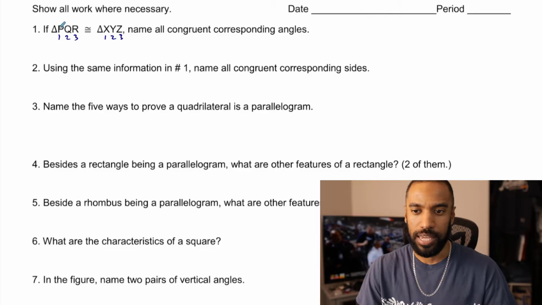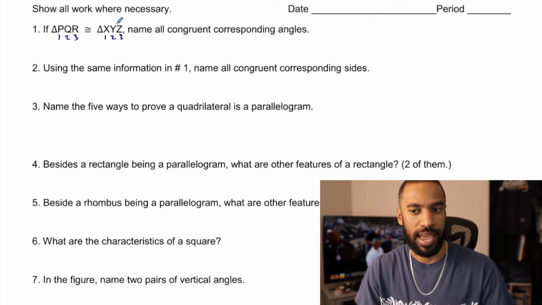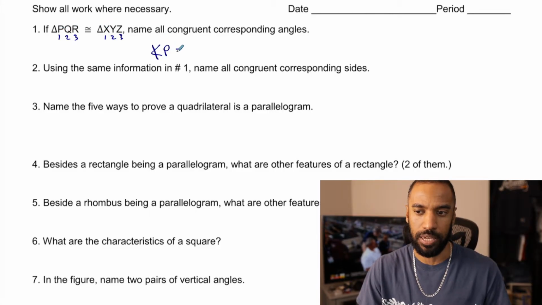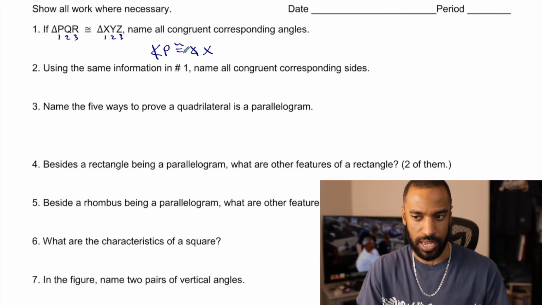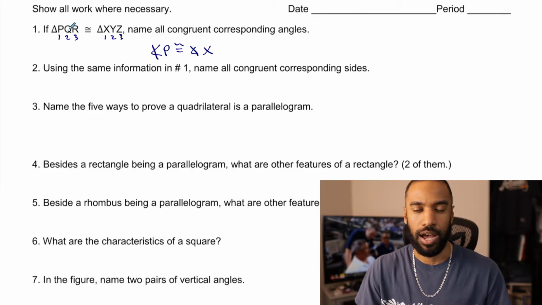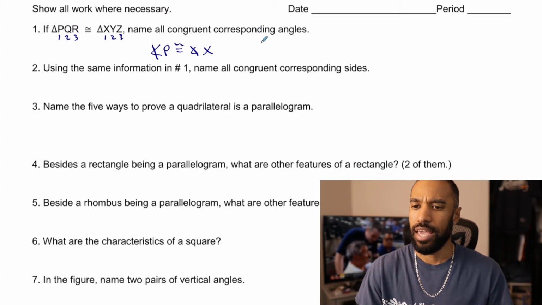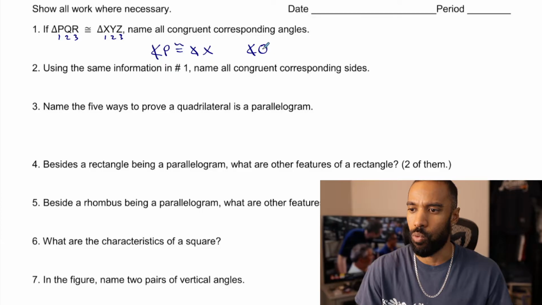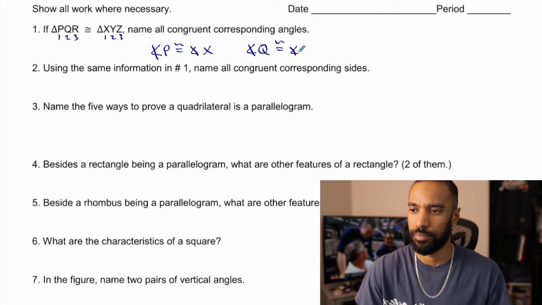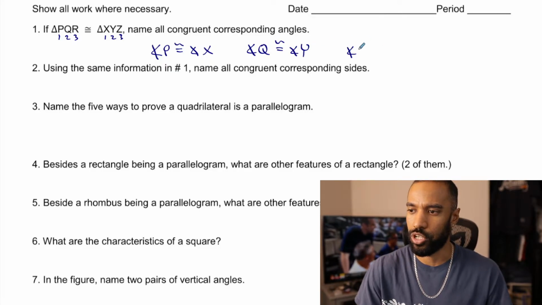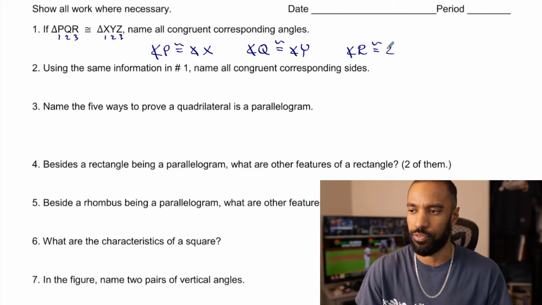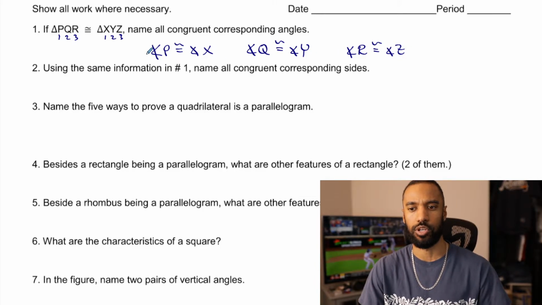The part for P corresponds to the part for X. That could mean they're angles, like angle P would be congruent to angle X, which is exactly what we're looking for here. And it could talk about segments or diagonals or whatever as well. We'll get into that. Angle Q is congruent to angle Y, therefore. And angle R is congruent to angle Z. Those are the third letters for each. So those are the congruent corresponding angles.